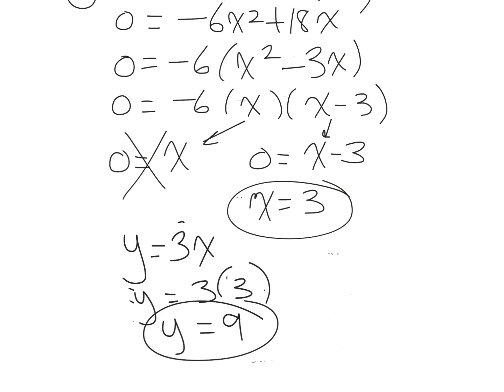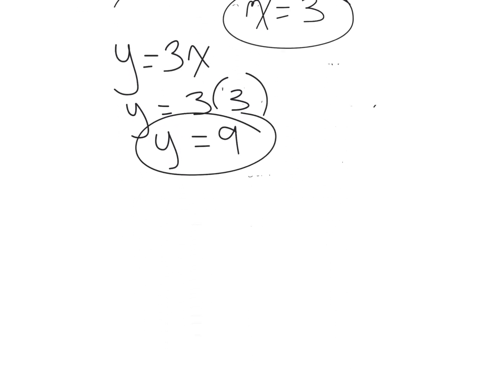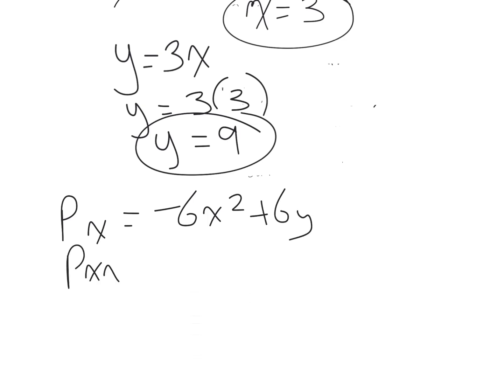So let's look at f at x, and that was equal to, well, it was p at x, I guess, if we want to be specific. P at x was minus 6x squared plus 6y. And so pxx would be minus 12x. Yeah? And so regardless of what value of x we substituted in there, that would be less than 0.